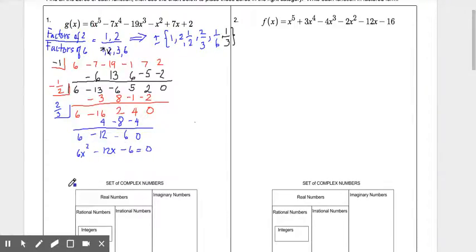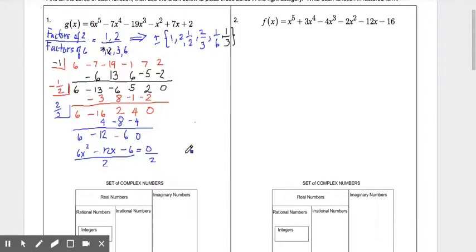To solve this equation, we can use the quadratic formula. But I noticed that 6, 12, and 6 can be divided by 2. So I would divide both sides of this equation first by 2. Remember, whatever we do to the left, we do to the right.